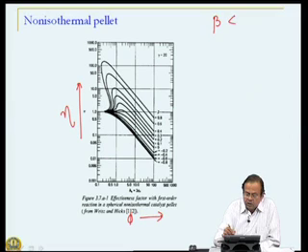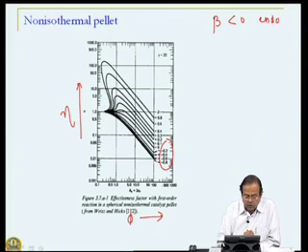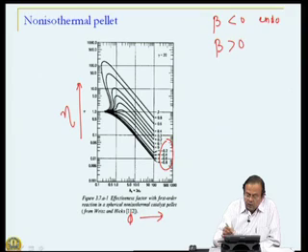If this number is less than 0, we have endothermic reactions, and as is the case with all these curves over here, the effectiveness factor is uniformly less than 1 as we increase the Thiele modulus. But if the reaction is exothermic, that is beta is greater than 0, then we have effectiveness factor greater than unity. This is our unity level.